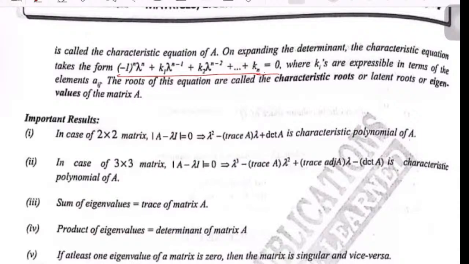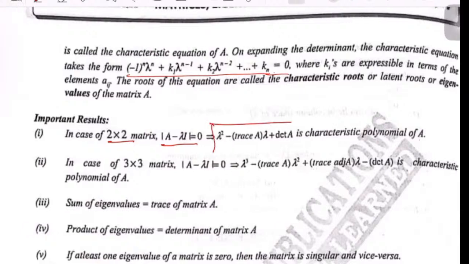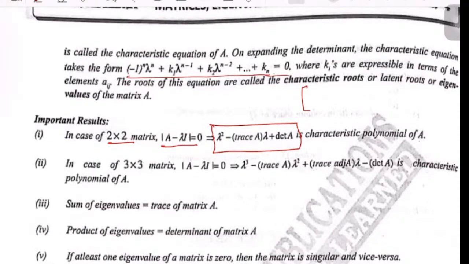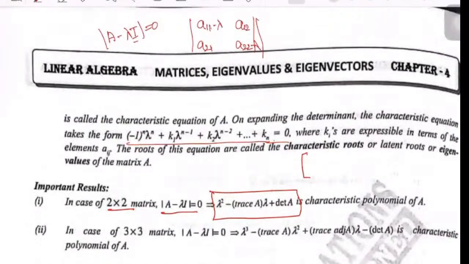In case of a 2 by 2 matrix, if the determinant of A minus lambda I is equal to 0, then the characteristic equation can be written as lambda square minus trace of A into lambda plus determinant of A. For example, let us take the same matrix. Let us find the characteristic equation.